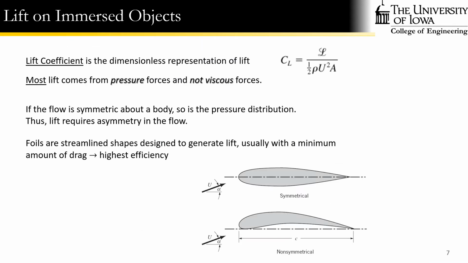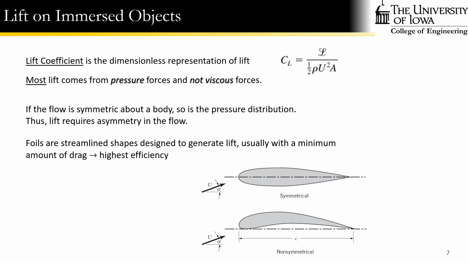So, focusing on lift, right? Some of the characteristics of lift here. The first thing is that if the flow around the body is symmetric, all right, the pressure distribution around that body is also going to be symmetric.